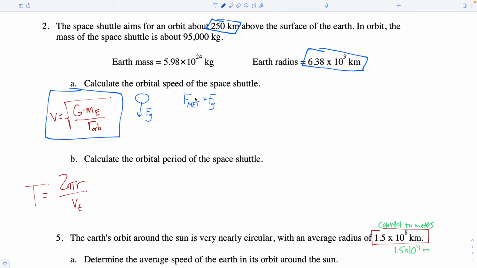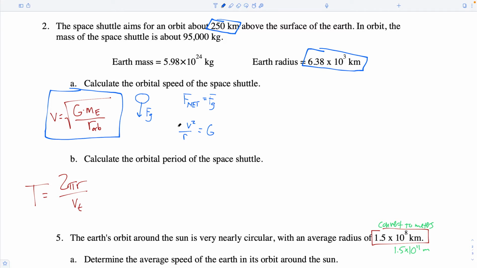So we know in circular motion that net force is equal to the mass times velocity squared divided by the radius. And we also know that the force of gravity acting on the space shuttle, which is something that is in space and it has mass. Well, let me do it like this, because this is where people can get into trouble. So I'm going to erase this.